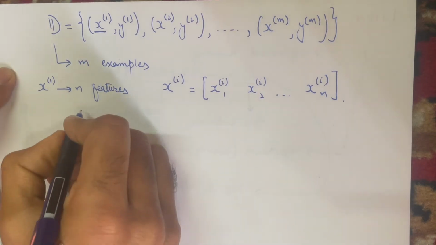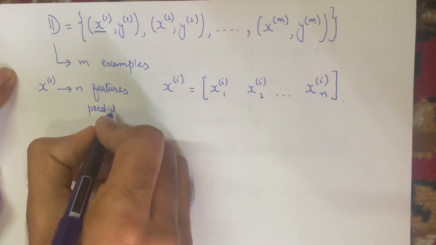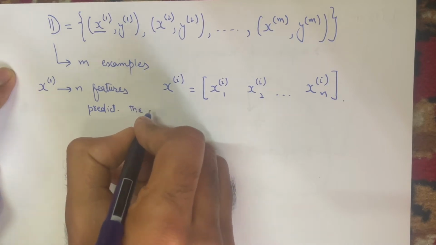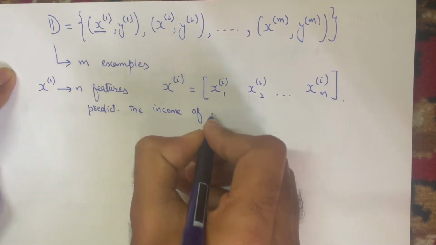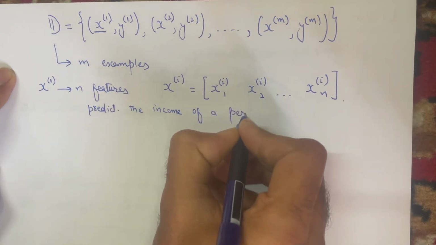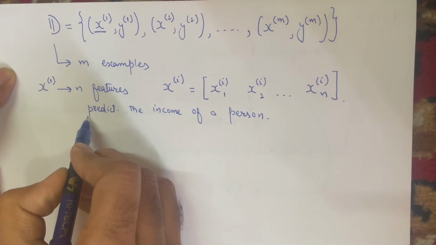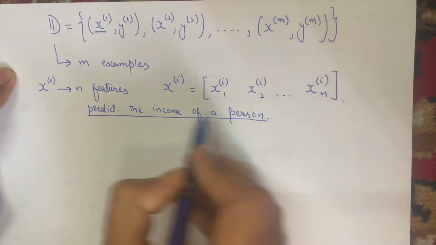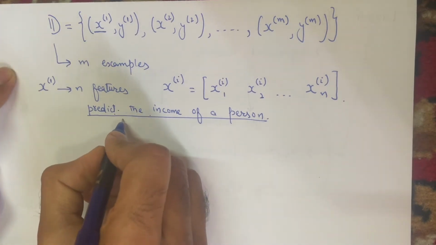So let's take an example of predicting the income of a person. We want to design a predictor for predicting the income of a person. So what will be the input?